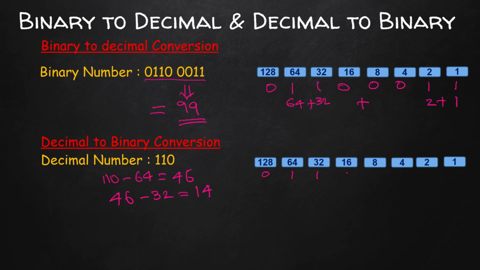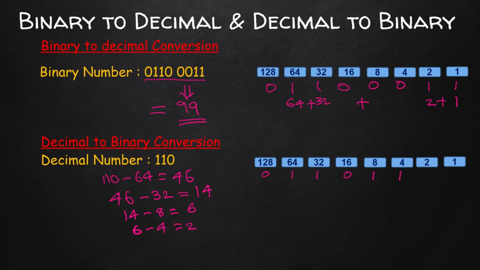So I will consider it as 0. Then when I go to 8, this 8 is coming under this 14. So I will consider this as 1. So 14 minus 8 is equal to 6, so I need to get 6 more points. So let me go to the next one. It is 4. I can take it because it is coming under the 6. I will consider this and make it 1. Then 6 minus this 4 is equal to 2. I need 2 more points. So next one is 2.